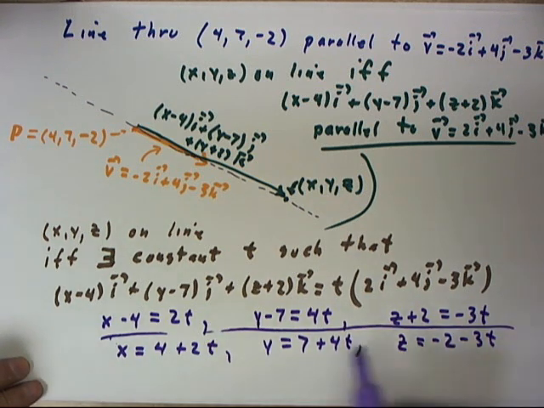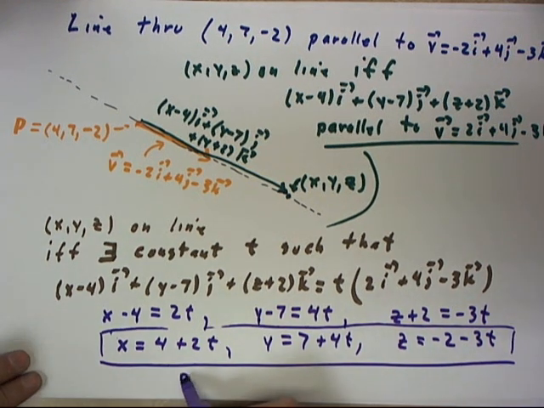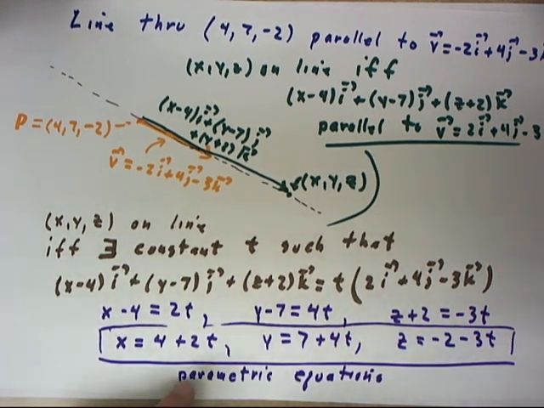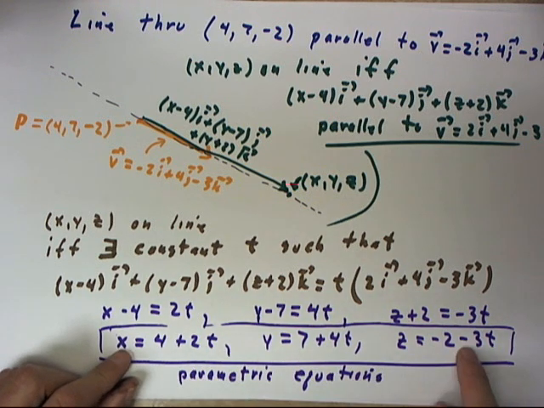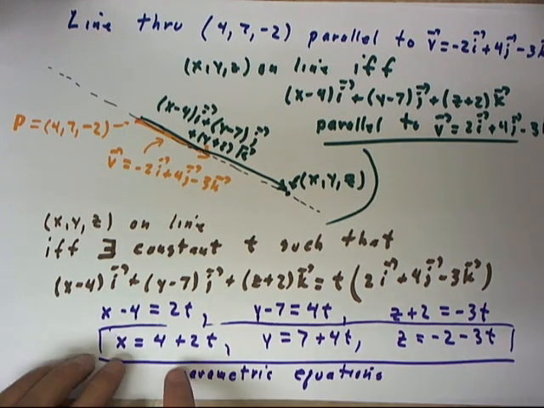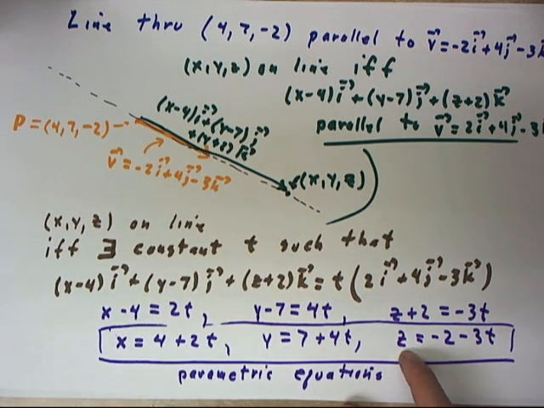In this form where we solve for x, y, and z, these are called parametric equations. If we substitute a variety of different t values into these three equations, using the same t value for all three equations before going on to another t value, we're going to get the x, y, z coordinates of a series of points on this line, and we'll see what that might mean geometrically in a minute. So these are called the parametric equations of the line.